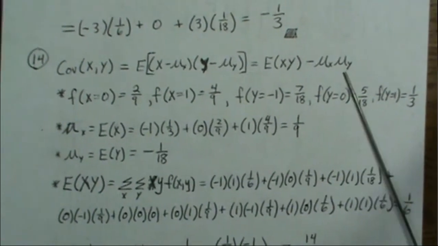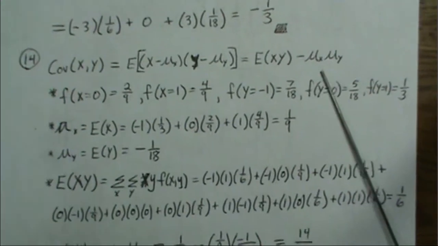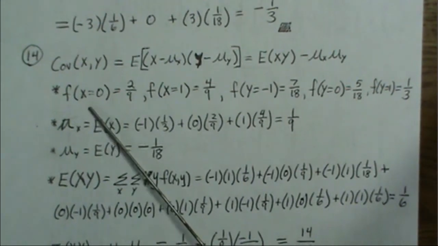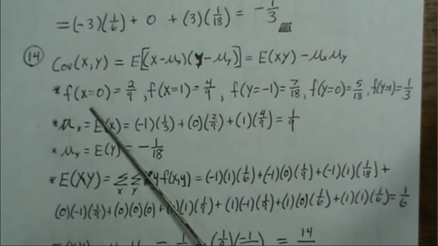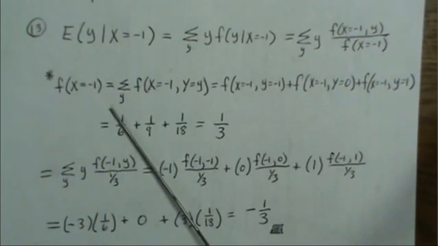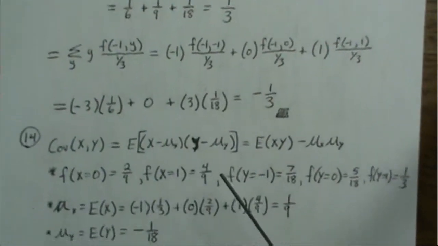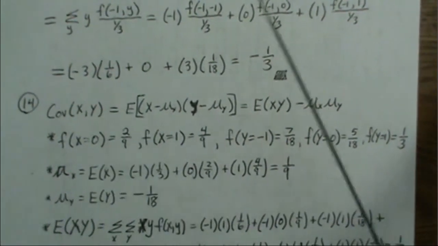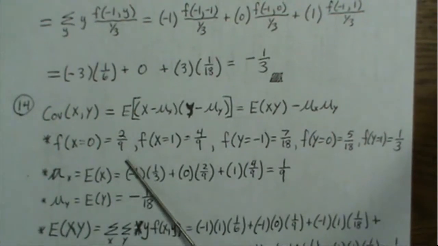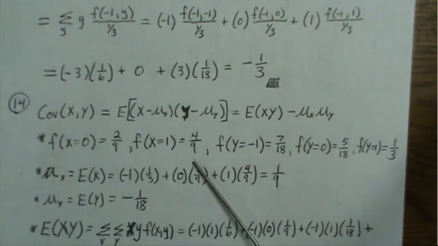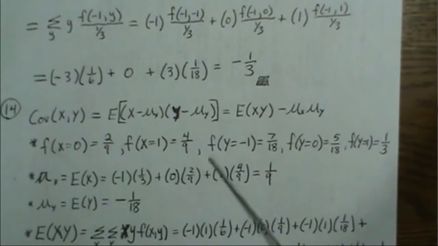these means first, okay? So to do that, we need to find the probability of each of the events. Now, in the previous problem, we found f of x equal minus 1. So with a similar process that we did up there, we can find that f of 0 is 2/9, f of 1 is 4/9. We also need to do that for y.